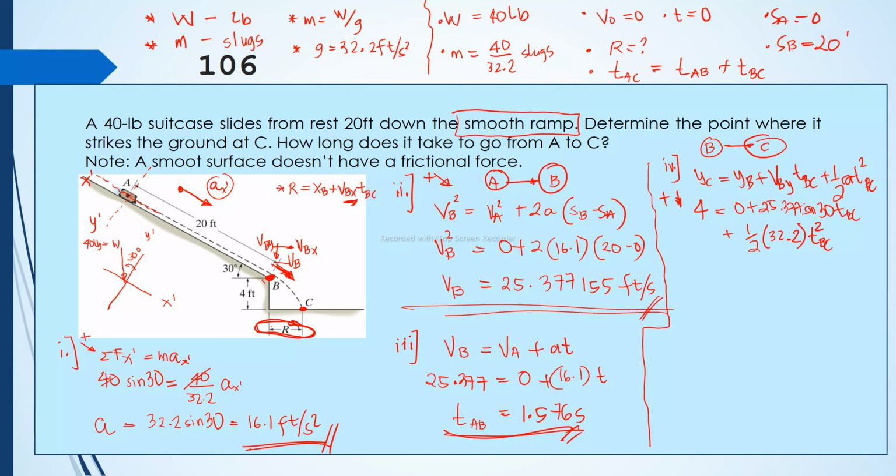Of course we don't have a negative time, so we use the positive one. The total time traveled from B to C is 0.2413 seconds.